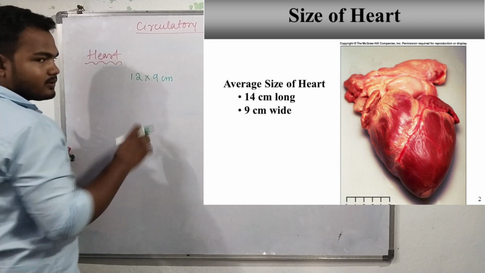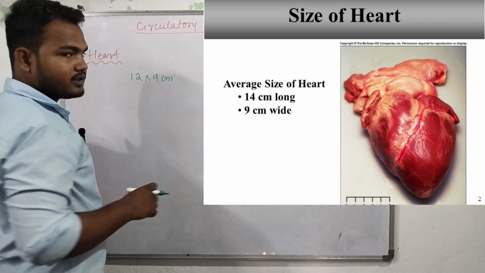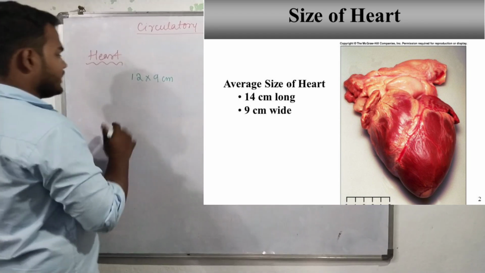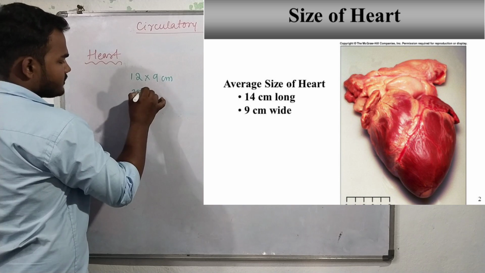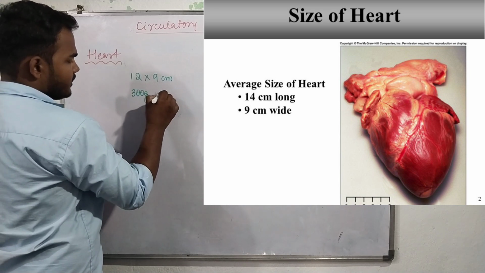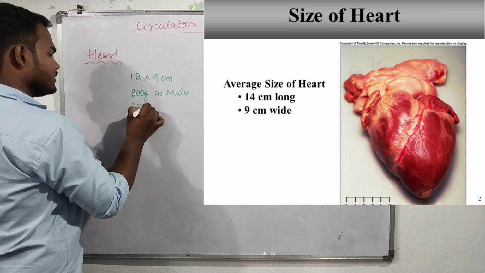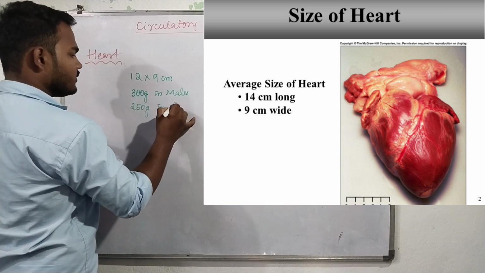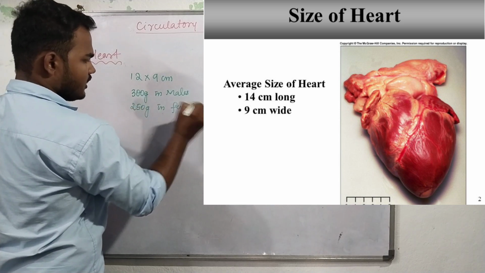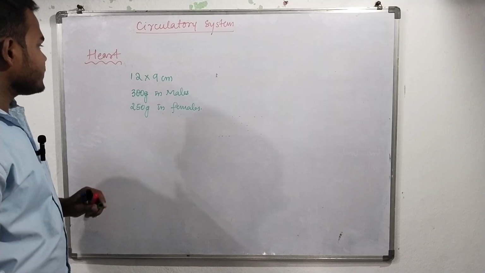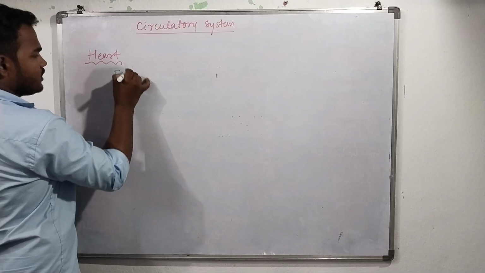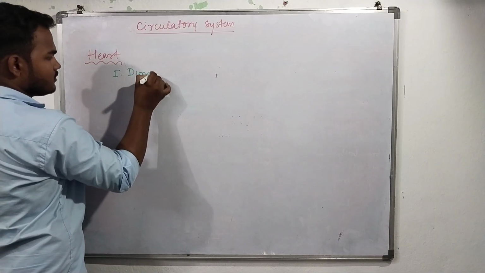It means 12 centimeters is the height and 9 centimeters is the width of the heart, and it is 300 grams in males and 250 grams in females. Okay, now these are the dimensions.